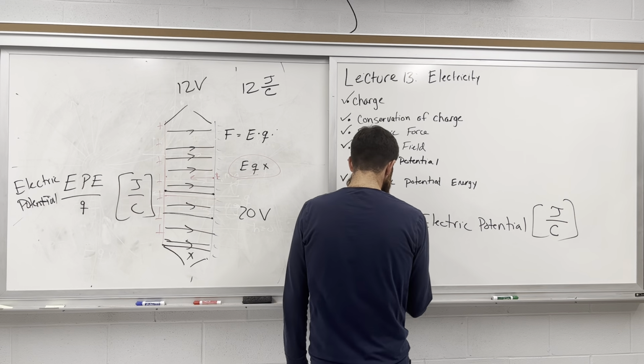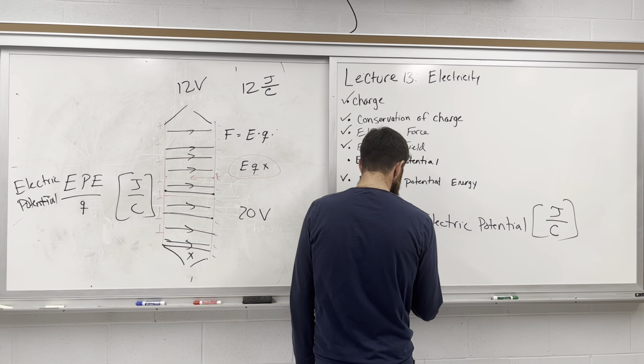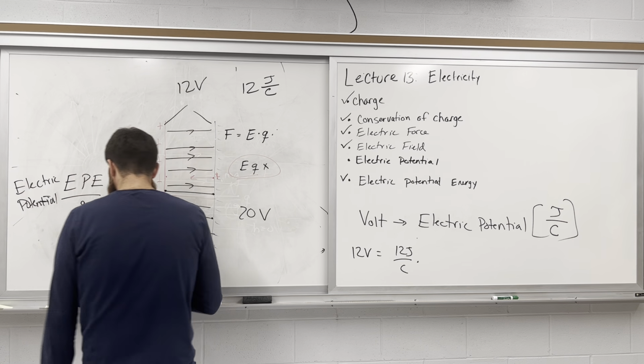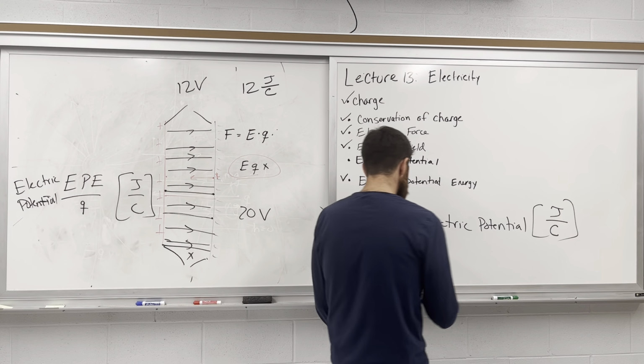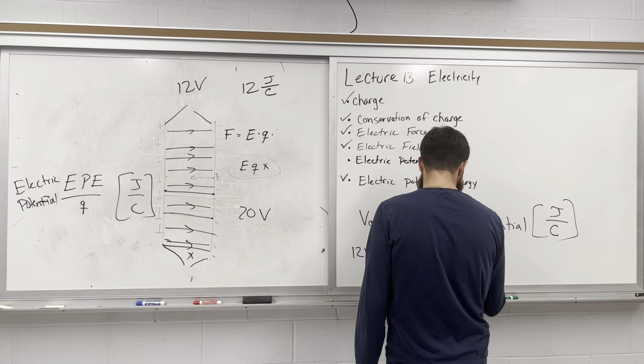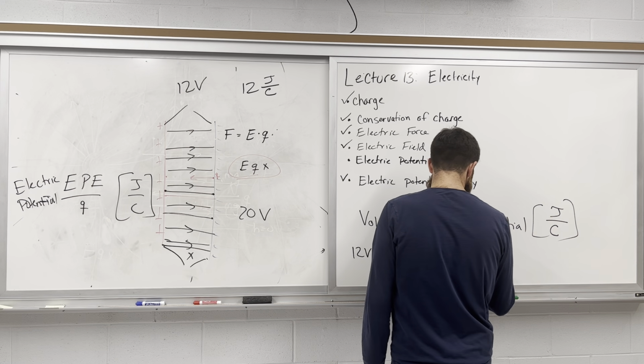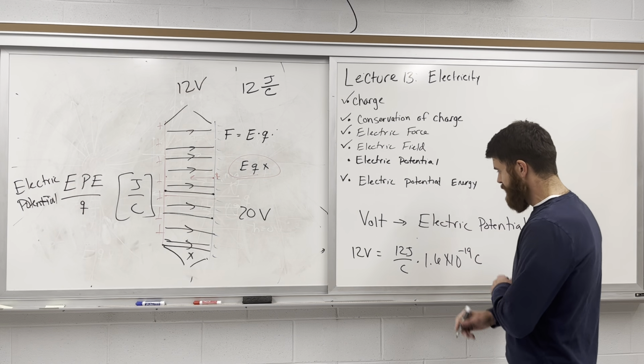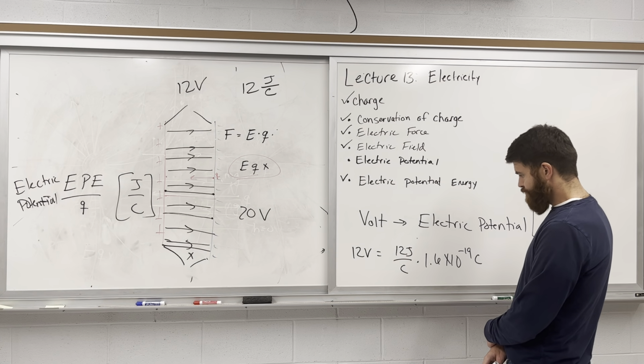Well, 12 volts is 12 joules per coulomb multiplied by, well, an electron has 1.6 times 10 to the negative 19. That's how much charge is in an electron.